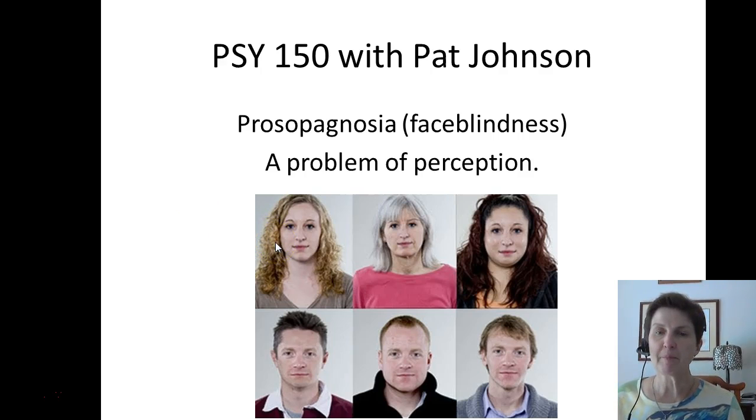So, for example, it makes it challenging to be a teacher because I have to encounter lots of people every day, mostly young adults, and the faces look very similar to me. So I cope by using a seating chart. I cope by sometimes taking notes on students without them knowing it so that I can tell them apart.